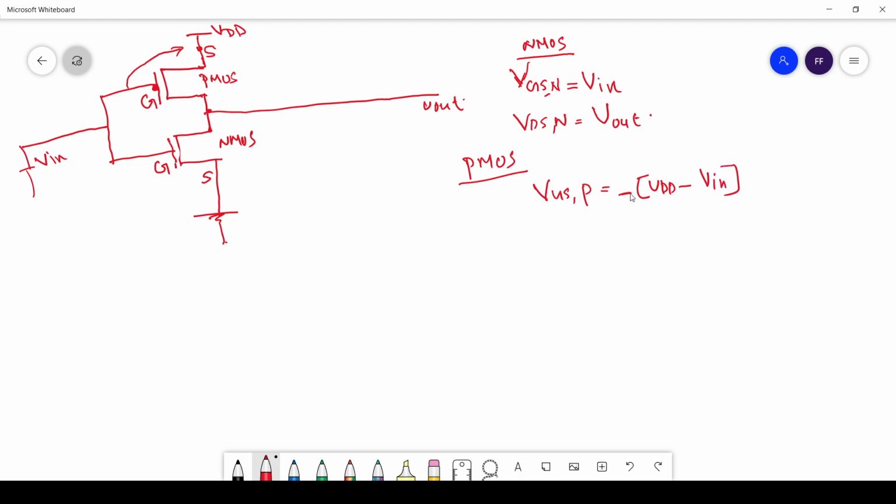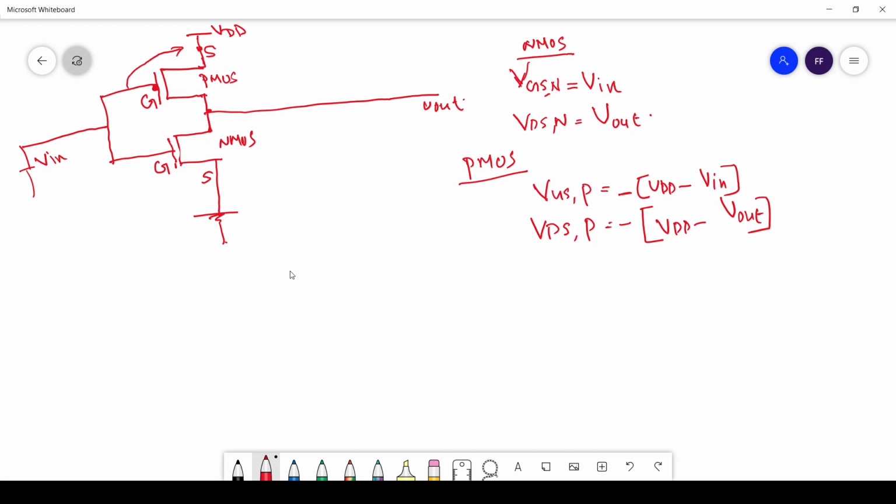The negative sign indicates that we are measuring from this point to this point. If you measure from the source to the gate region, it's very simple, VDD minus V in. Likewise, we can write VDS of P. It is nothing but negative of VDD minus V out.